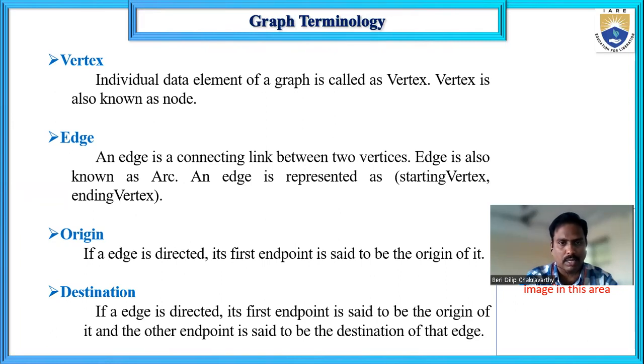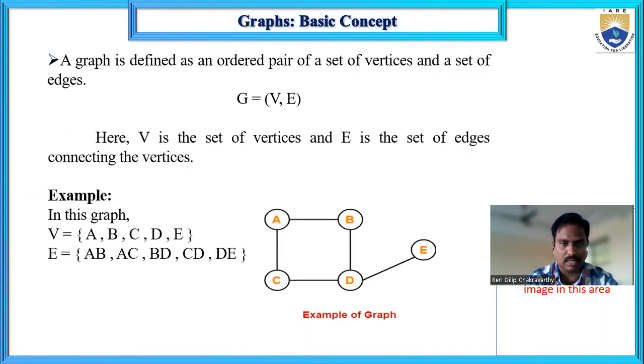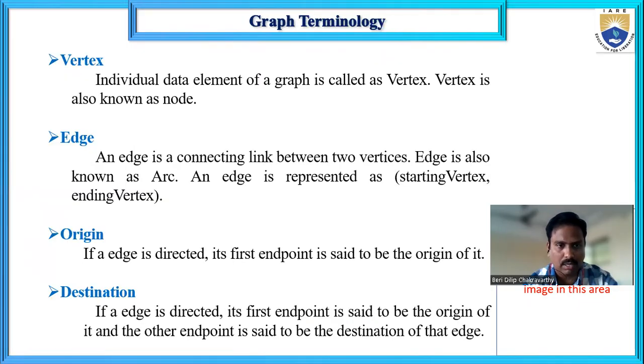An edge is represented as starting vertex and ending vertex. For this graph, if you observe, AB is an edge. A is the starting vertex and B is the ending vertex. A, B, C, D, E all are vertices. Then origin: if an edge is directed, its first endpoint is called the origin of it.